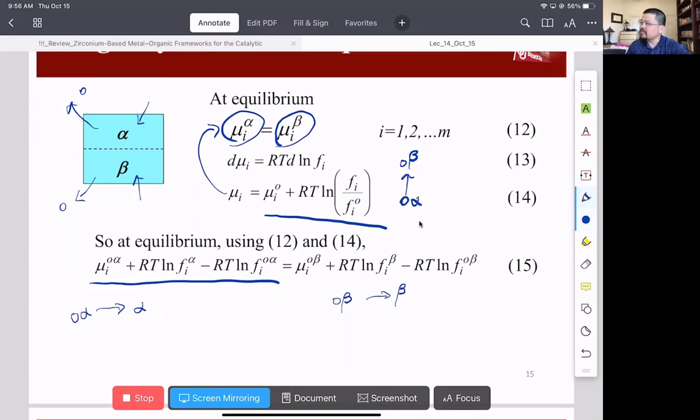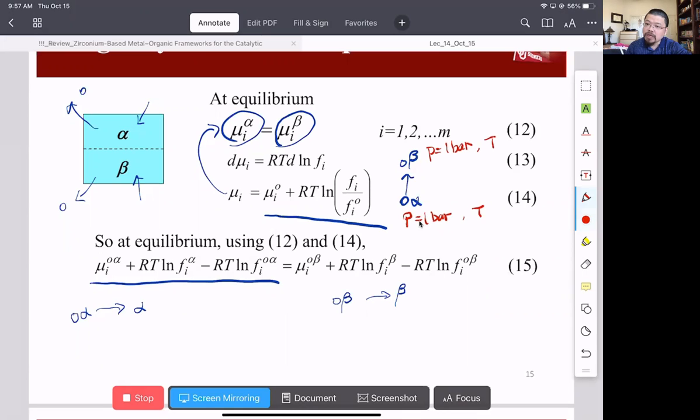Quite closer. So the answer is also from the standard state definition. For the standard state, we only define that P is one bar. Here P is also one bar, right? And we understand that if you are at equilibrium, the temperature should be the same, and temperature could be anything.